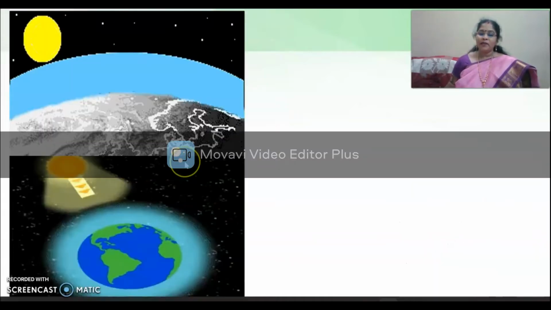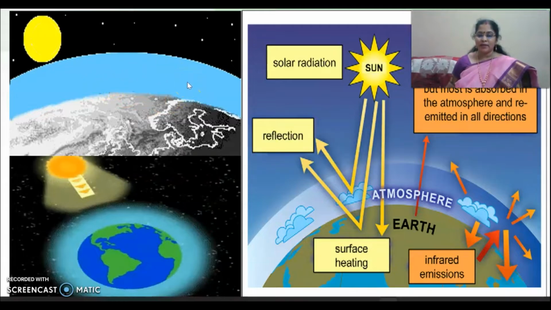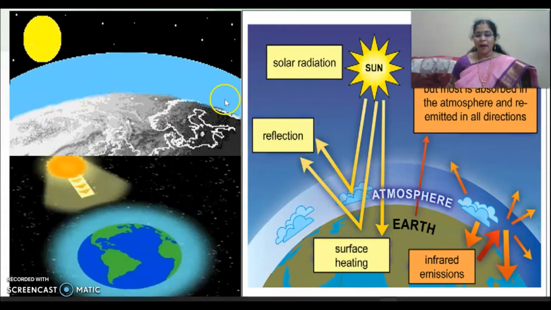Because of unmindful human activities, we keep increasing the level of the greenhouse gases. You could see here the greenhouse gases were little at the time of the world creation. Because of the unmindful human activities, we keep increasing the level of the greenhouse gases, and now the greenhouse gases have become a thick blanket.